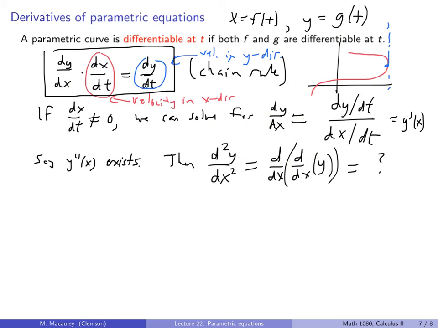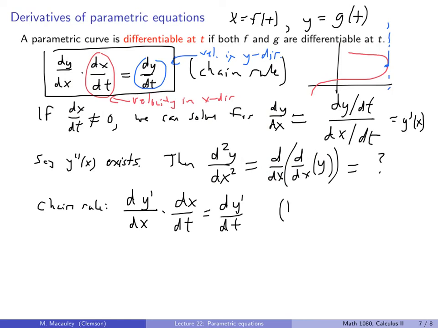So by the chain rule, d of y prime over dx times dx over dt equals d of y prime over dt.